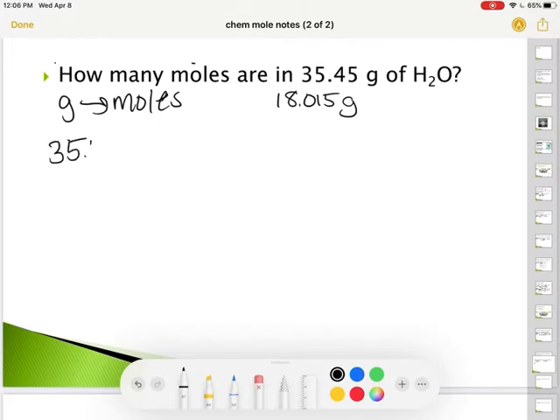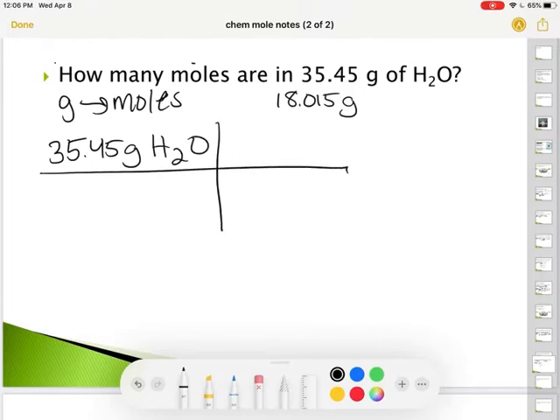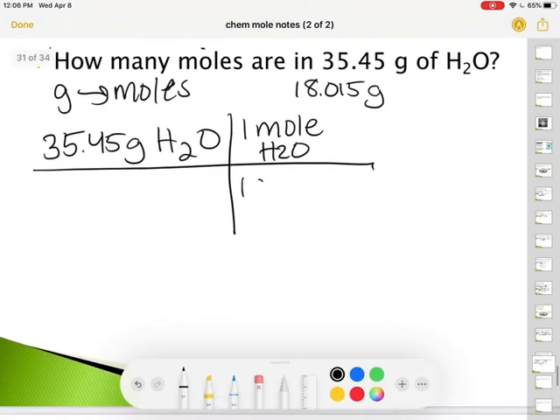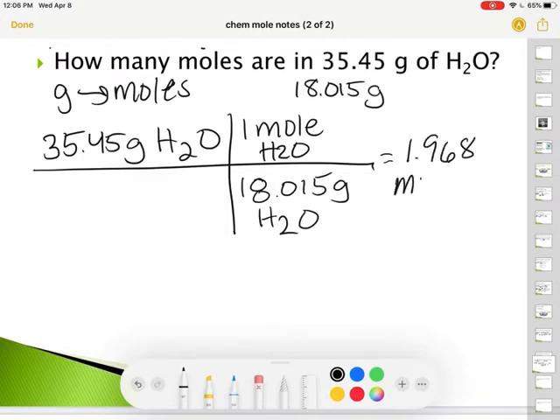So if I have 35.45 grams of H2O, and I know that in 1 mole of H2O, there are 18.015 grams of H2O, then my answer is 1.968 moles of H2O.